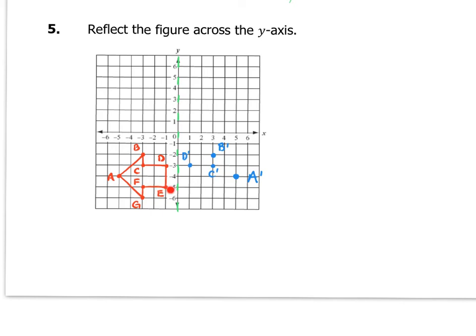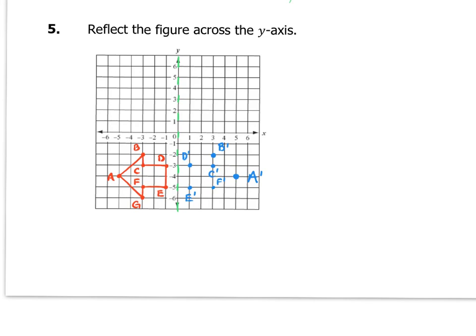Point E, -1, -5, goes to 1, -5, E prime. Point F, -3, -5, goes to 3, -5, and becomes F prime.